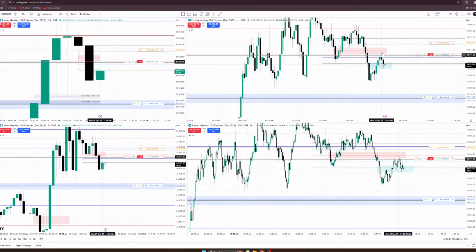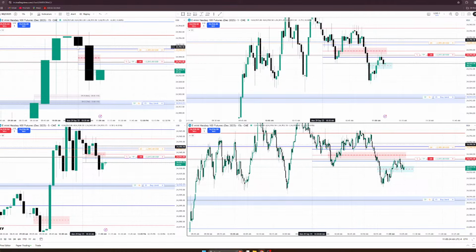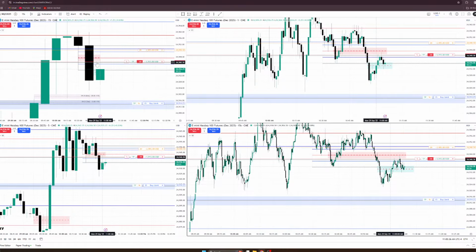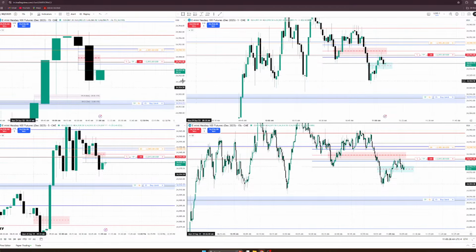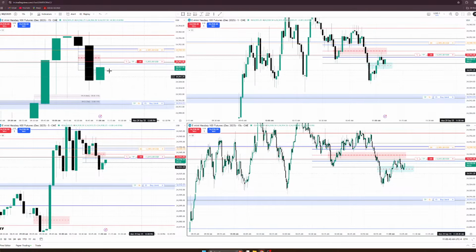So far we have a rejection from this bearish fair value gap, reclaimed bearish fair value gap. At the same time, we want to see this candle close below this reclaimed bearish fair value gap. So far, we remained below 50% of this wick, which is a good sign. But we want to see a rejection, guys.